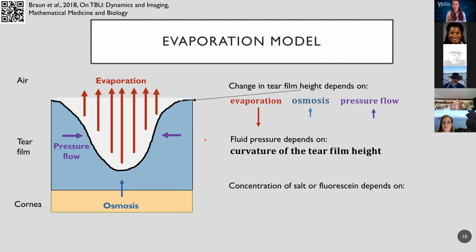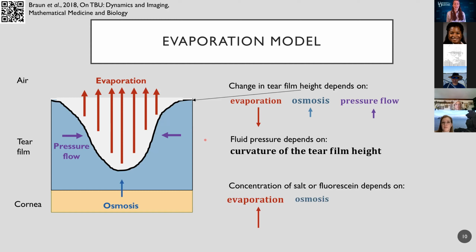Finally, we can talk about how the concentration of salt and fluorescein change. So the salt moving around, the fluorescein is the dye that the optometrists have instilled in order to image the tear film. So first of all, they're affected by evaporation. So evaporation is taking water away from the tear film, so it's concentrating the tear film. So it's increasing those concentrations.